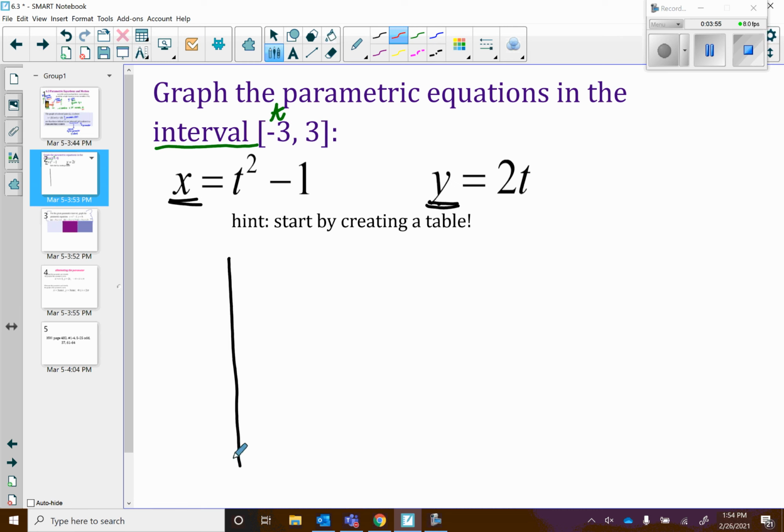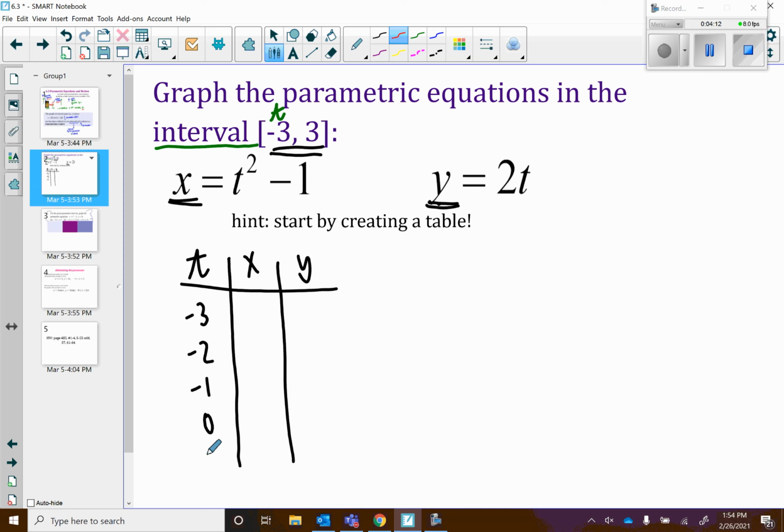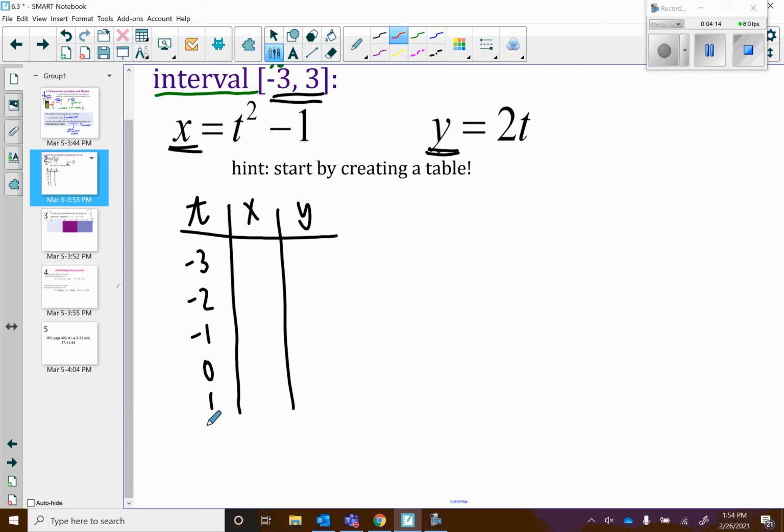My table is going to have 3 columns, specifically t, x, and y. t is going to go from -3 to 3, because they told us that was the interval. So -3, -2, -1, 0, 1, 2, and 3.